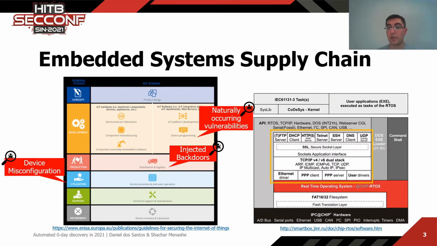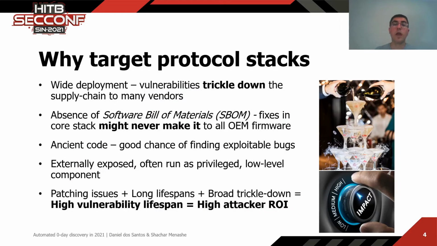But why would anybody target a protocol stack, right? So the interesting part is that they are widely deployed. So there are vulnerabilities that actually trickle down the supply chain to many vendors, as we presented before. These TCP/IP stacks are often used by many different vendors to produce many different devices, but the code of the stack itself comes from one single vendor.